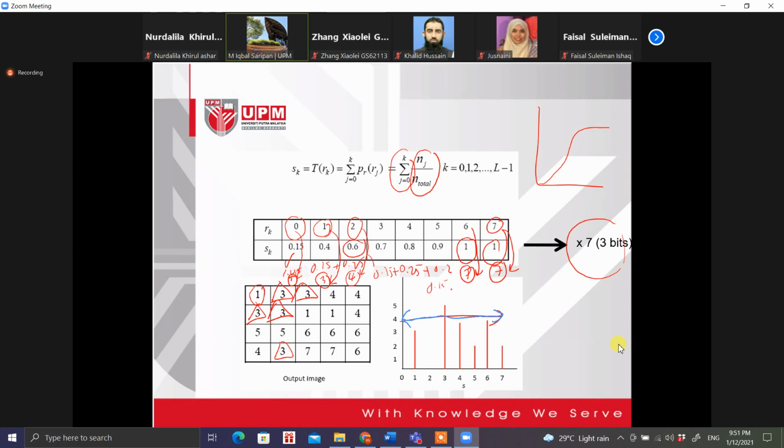Maybe it's quite difficult to see because we have a limited number of pixels. But if you have a massive size of image with a huge number of pixels, then you'll be able to see a better redistribution of histogram values. So this particular technique is called histogram equalization. And again, my disclaimer just now, this is just one of the available techniques. There are lots of other techniques in histogram equalization.